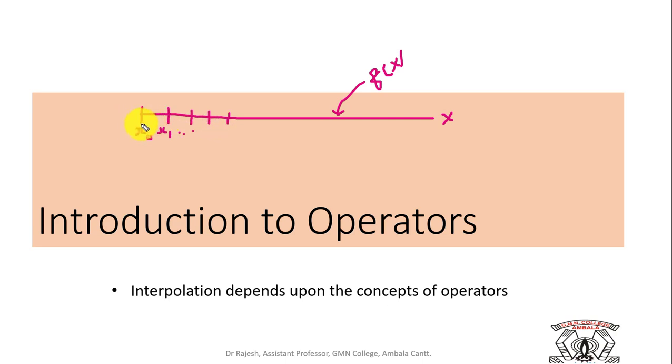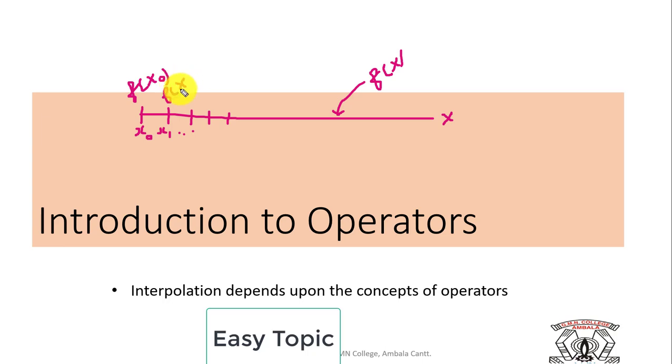So these are the points, and the value over here is f of x0, here is f of x1, and here is f of x2, and so on.